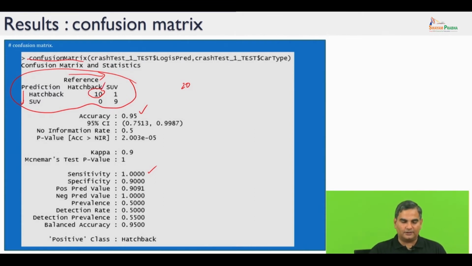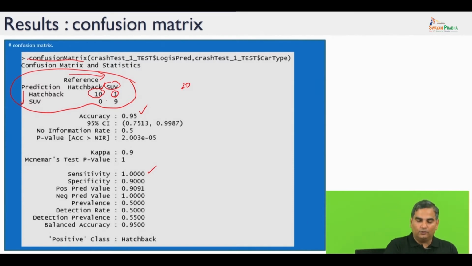The prediction was hatchback and the car was also hatchback. Now, if you look at this number, because we are going across this row, the prediction still remains hatchback. The classifier predicted this car to be hatchback. However, the reference is really SUV. So this is a wrong classification of an SUV as a hatchback.